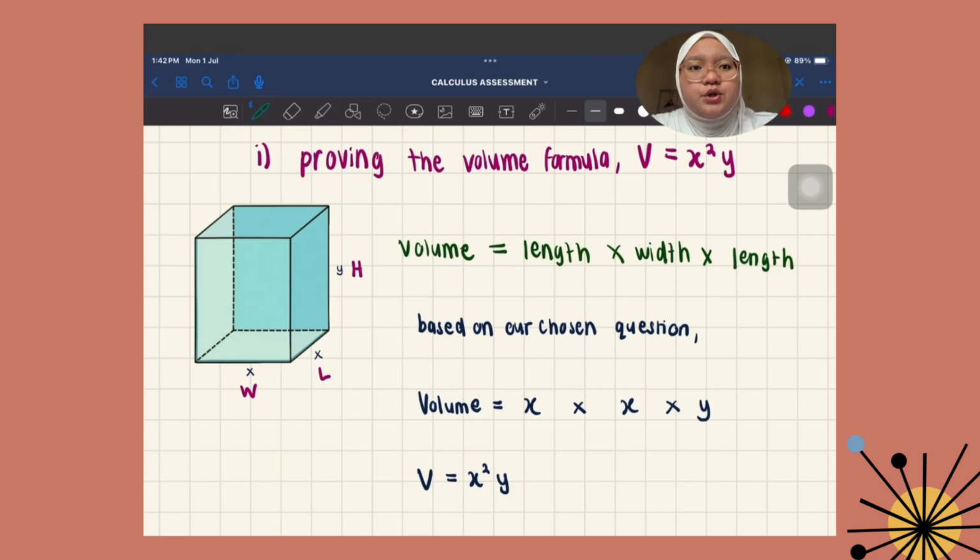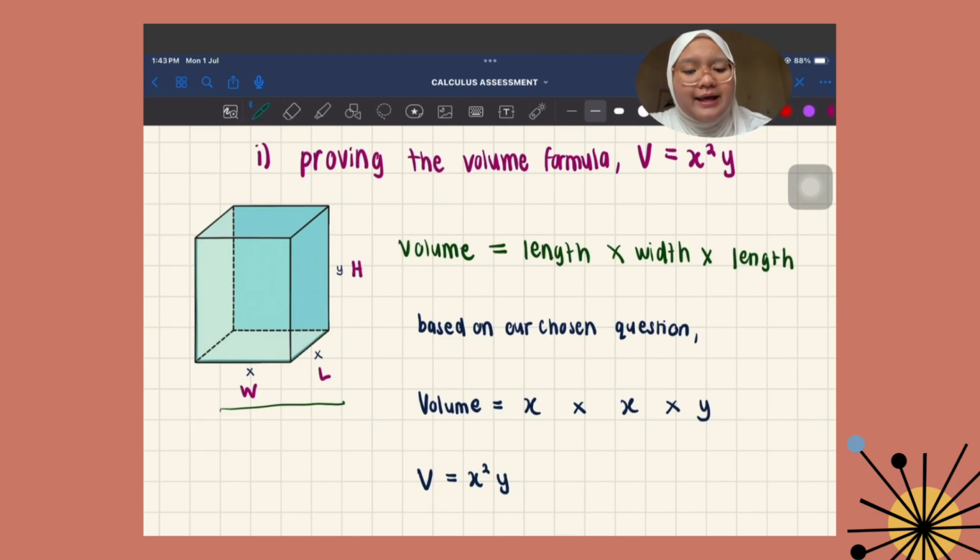Firstly, I'm going to show the solution for the first question, which is proving the formula of volume. As we know, the actual formula of volume is volume equals length multiplied by width multiplied by height. So based on our picture, our width is x and our length is x, which means our width and length have the same value.